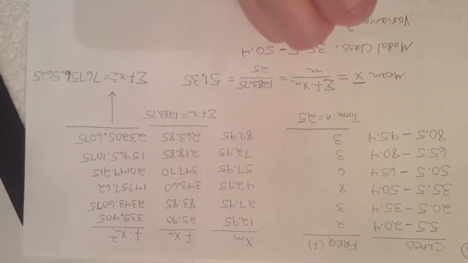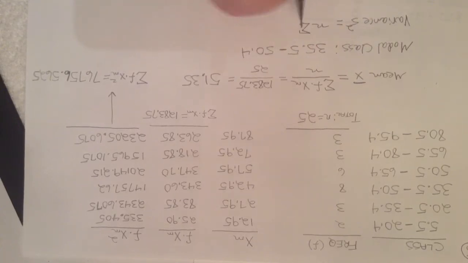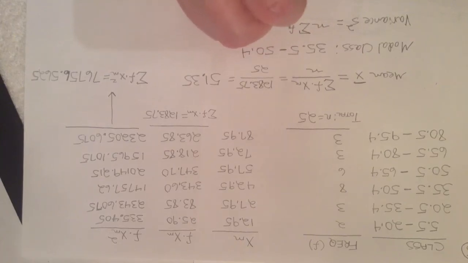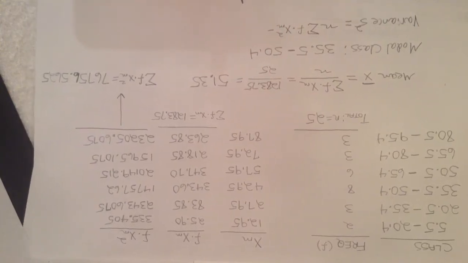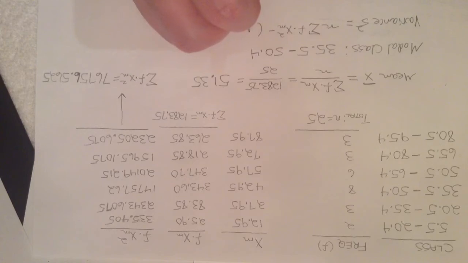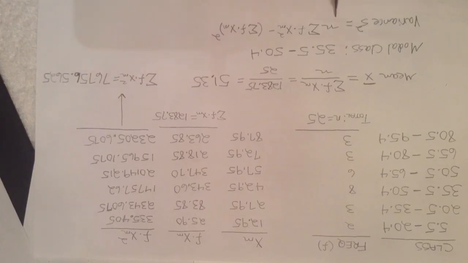And in terms of the variance, so you have S squared. Again, you have the number of data items times the sum of the products of the frequencies and the squares of the midpoints, minus the square of the sum of the products of the frequencies and the midpoints.